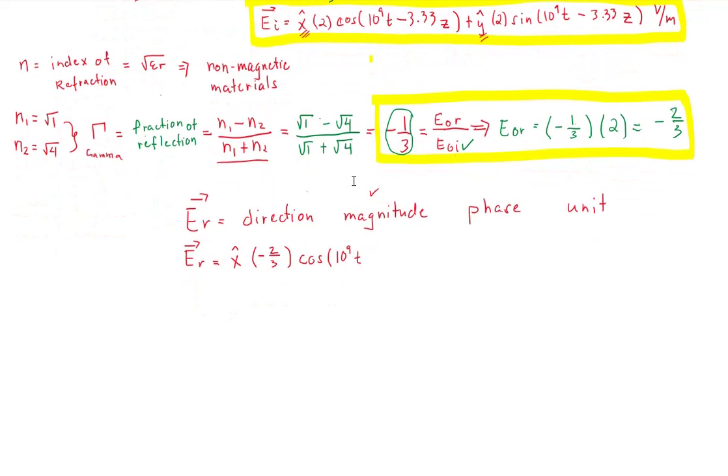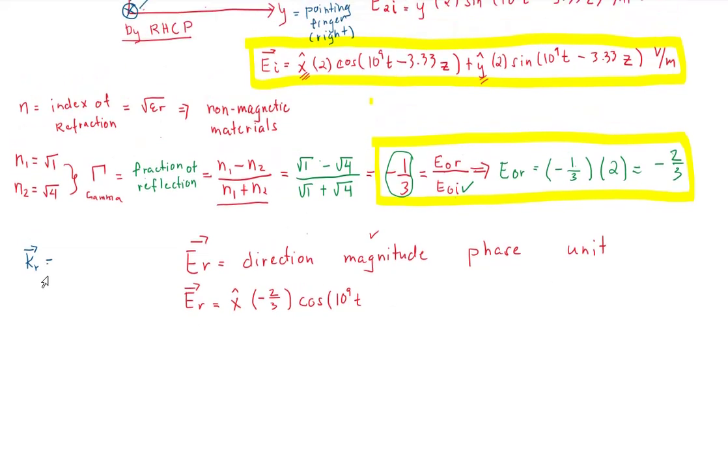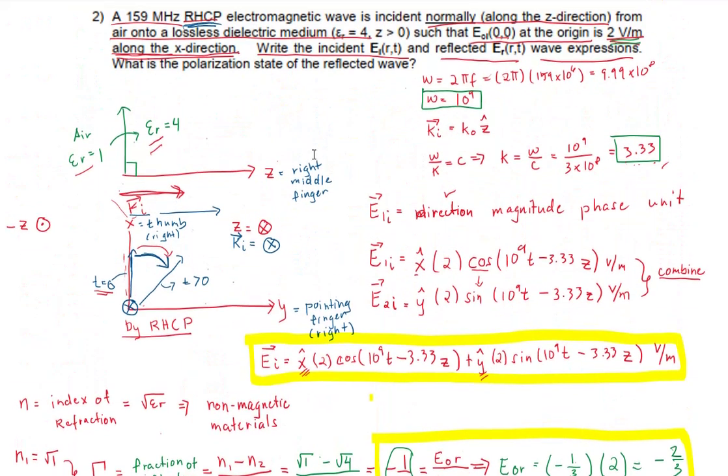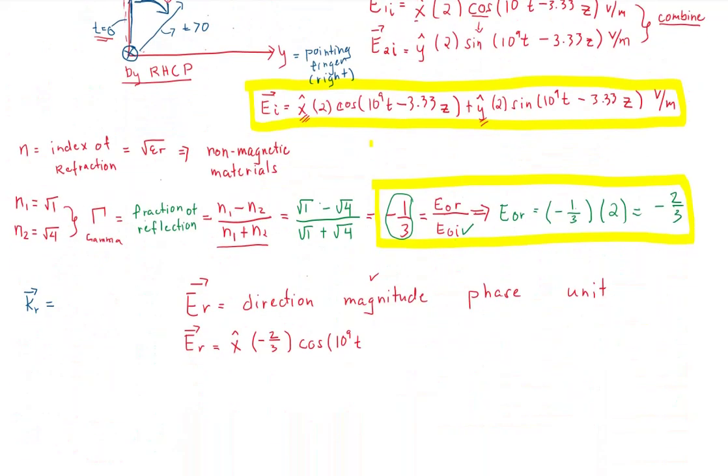So for E sub r, we know that k sub r is just the opposite way of k sub I. So let's write it down over here. k sub r equals, if k sub I is k naught z hat, k sub r is just going to be negative k naught z hat.